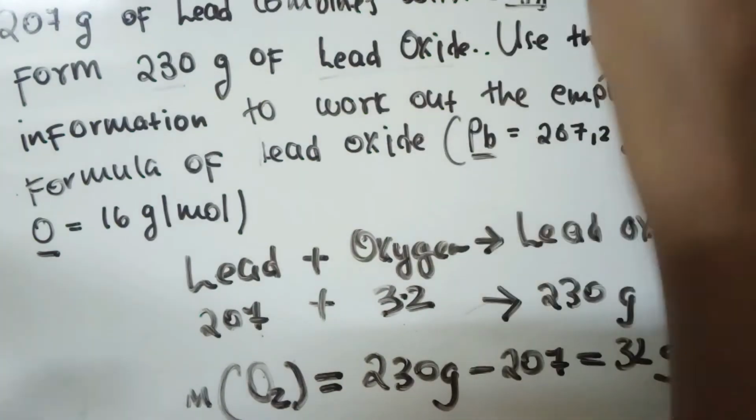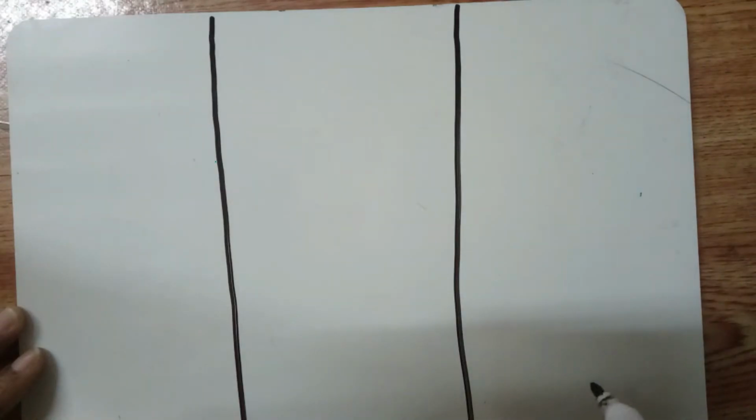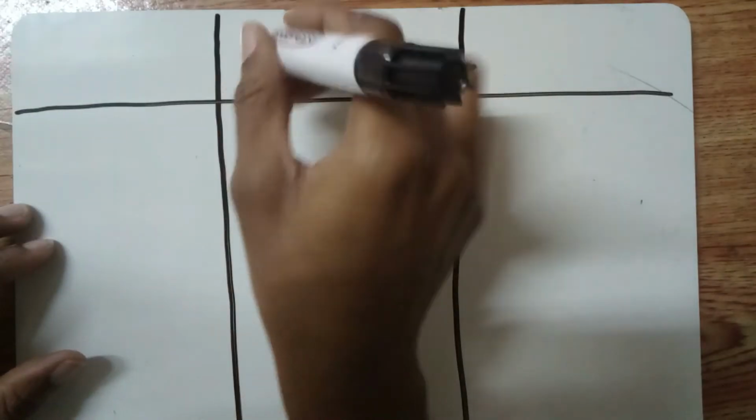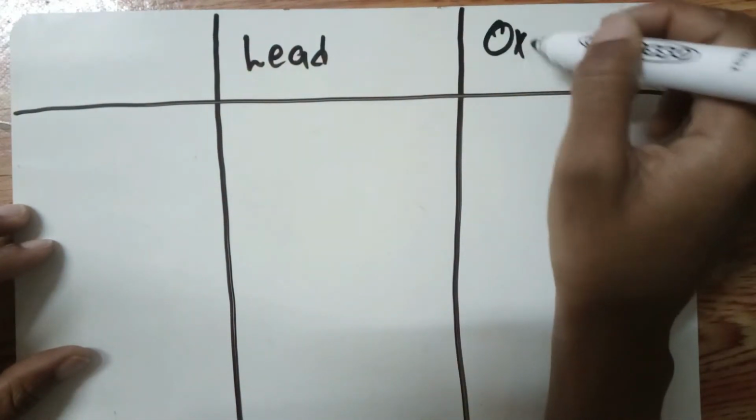Now for our second step, I normally like drawing a table. This is a way to calculate what we're looking for, the empirical formula. Because we have two reactants, our table will only have 3 columns. Let me draw the first column, and the second and third, right? On this part I'll write lead, one of our reactants, and on this side I'll write oxygen at the top.